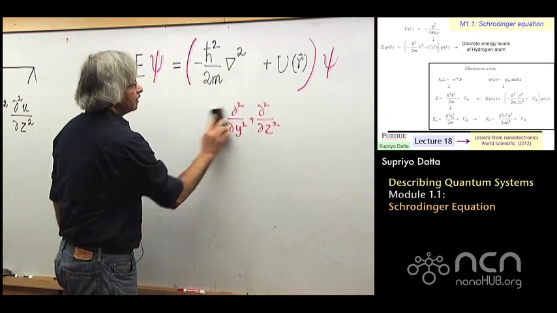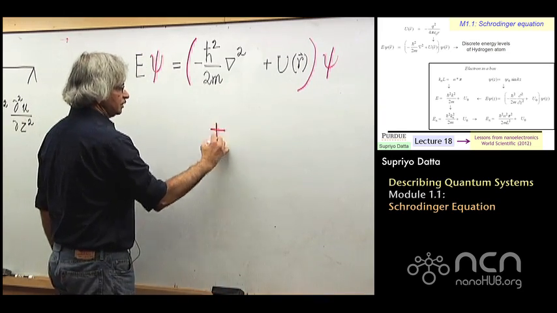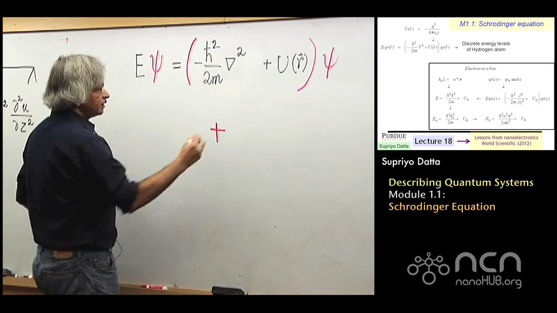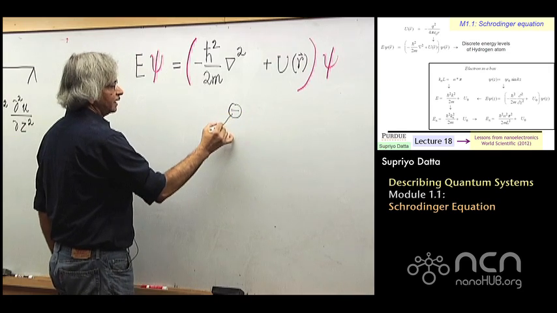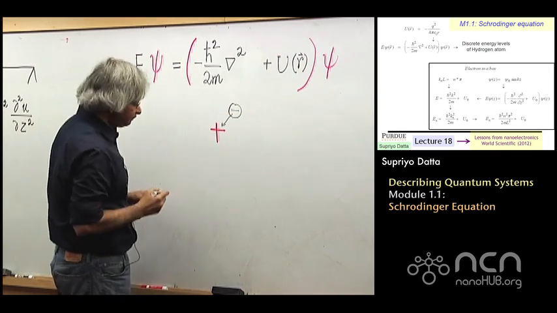In a hydrogen atom, you have a positive charge, this nucleus, and the electron is pulled by this charge, so the electron has to stay around it in that region.